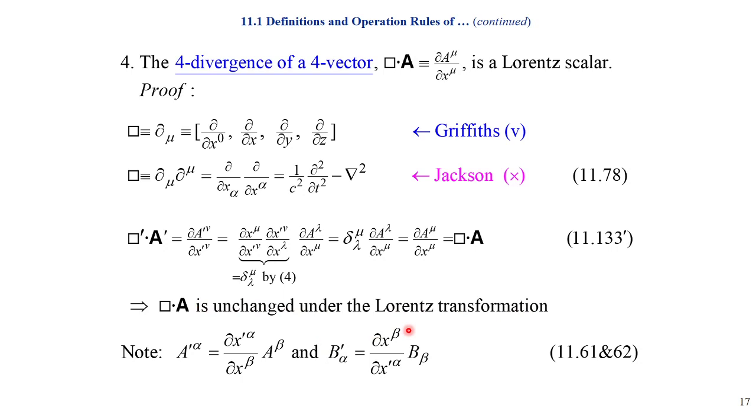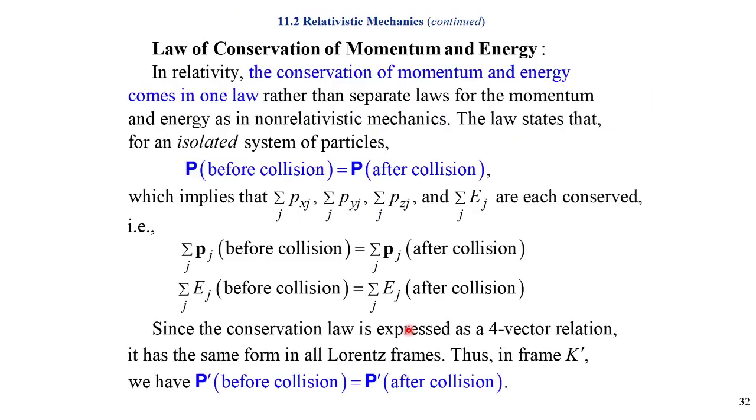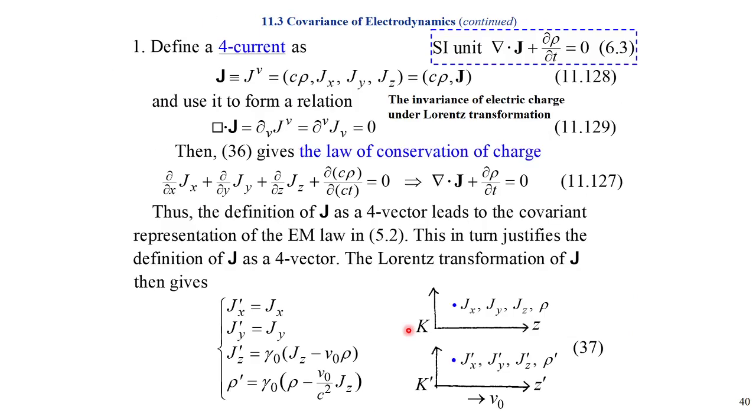We have a chance to study this one again. Go back to page 40. That means J is a 4 vector, and the Lorentz transformation of J follows this rule.